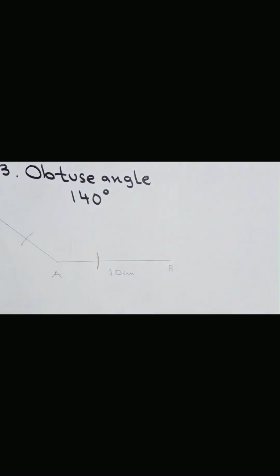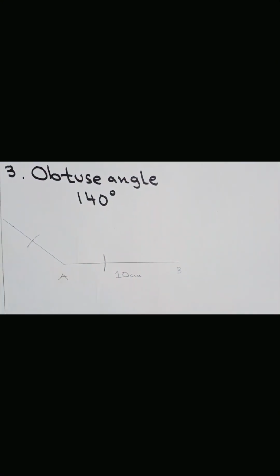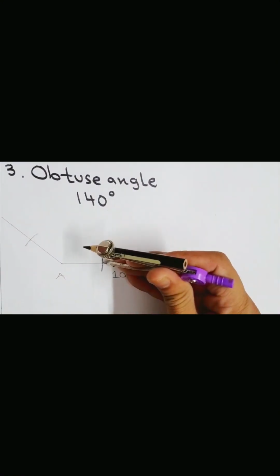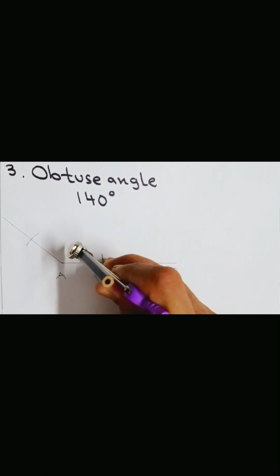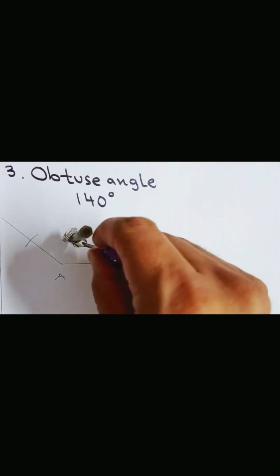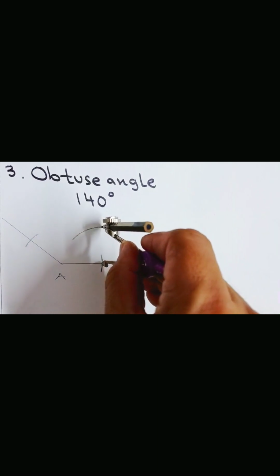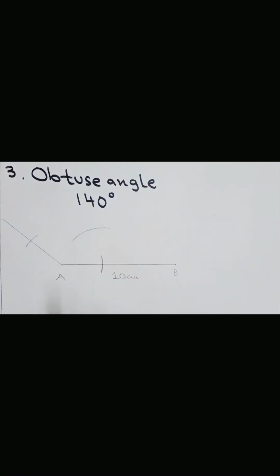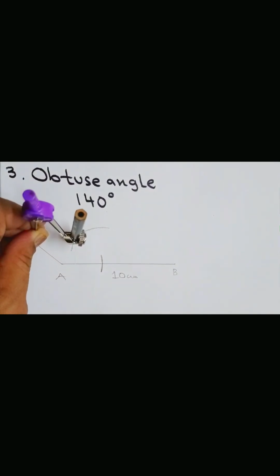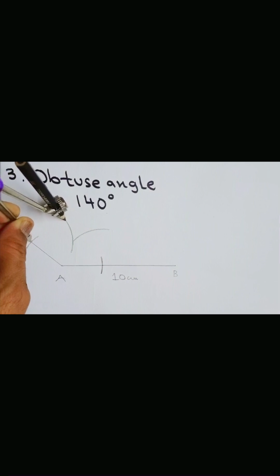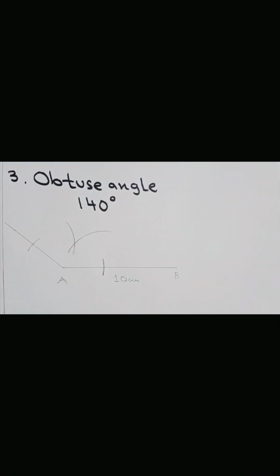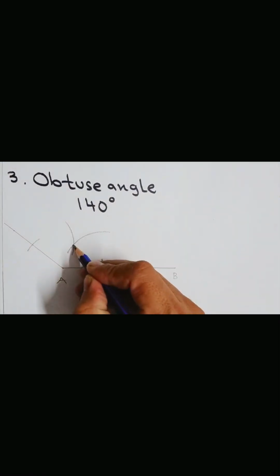Okay, this is done. Now from the previous arc, keep it here, fix it, and make another arc. Done. Now with the help of the previous arc, students, you have to mark a point here.